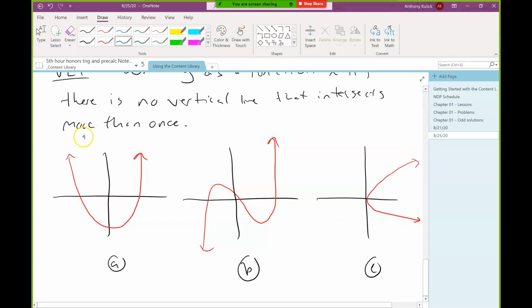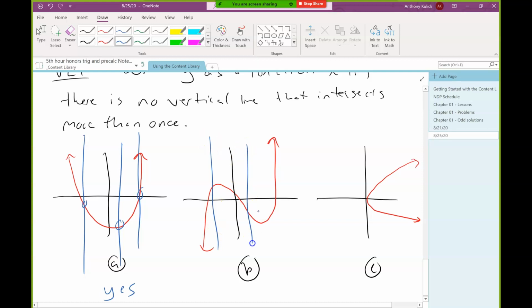Definitely, right? Any vertical line you draw is just going to intersect the graph in one place. Doesn't matter where you draw it. Okay? How about B? Yes, right? Again, any vertical line we draw, it's going to hit just once. How about C? No, right?